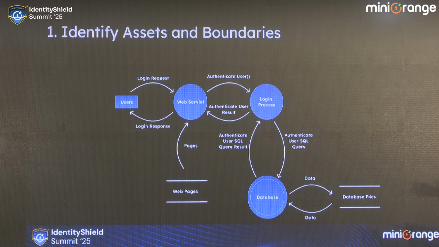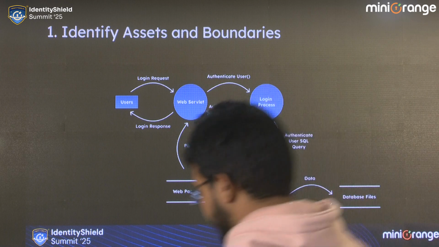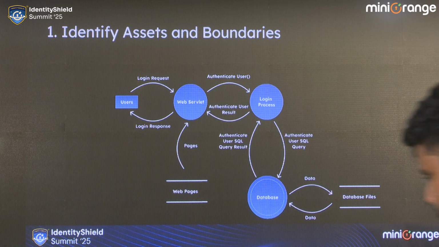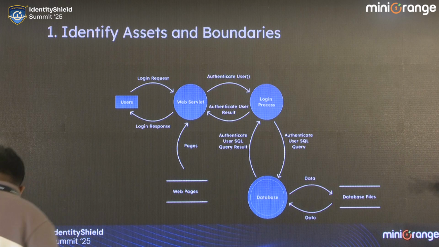So there is a user. The user will be interacting with your server, your backend. Your backend is going to fetch data from your database. These are the notations that you represent: the user with a rectangular box, and databases or any stored data, let's say you have message queues or anything else, you will be using these lines, between the lines, this kind of design.